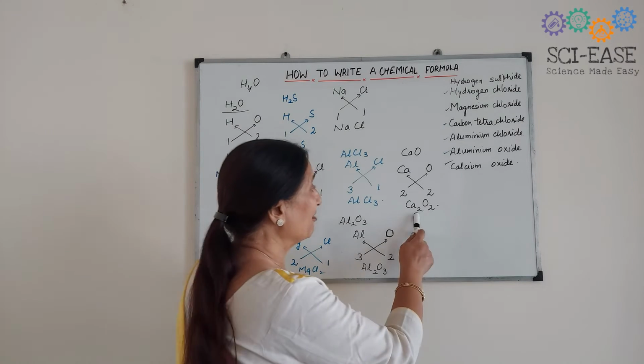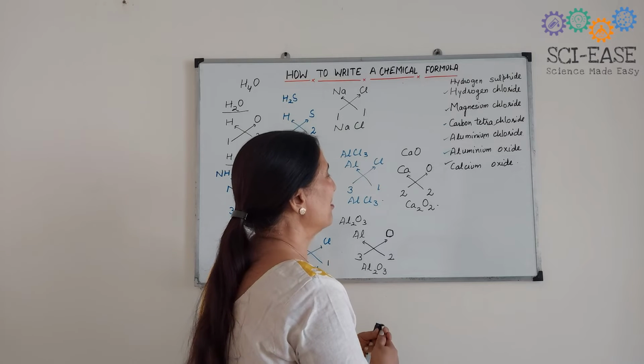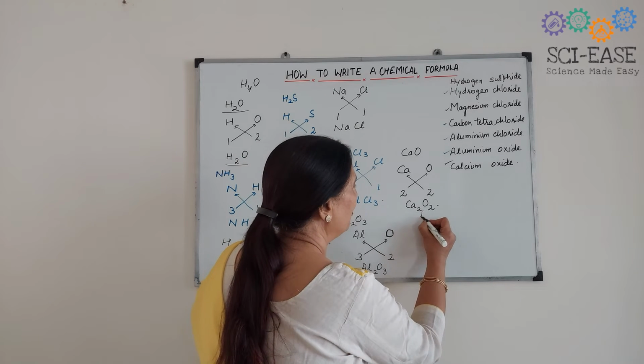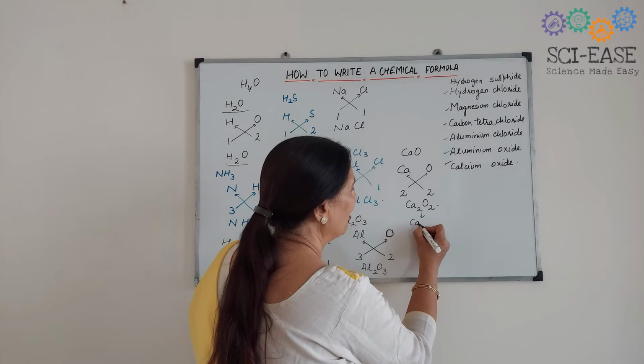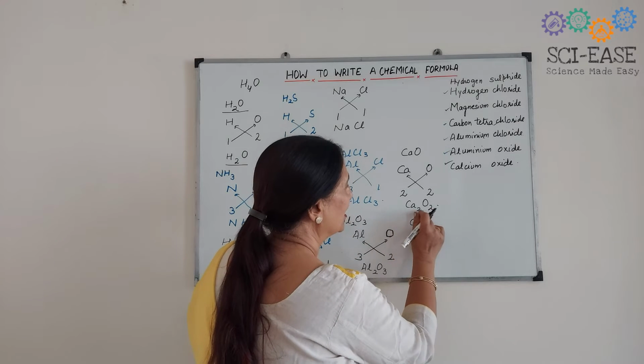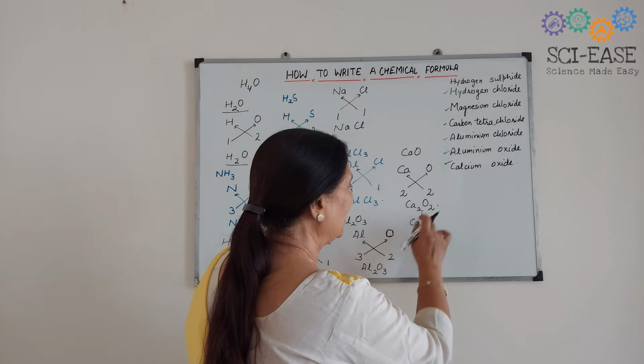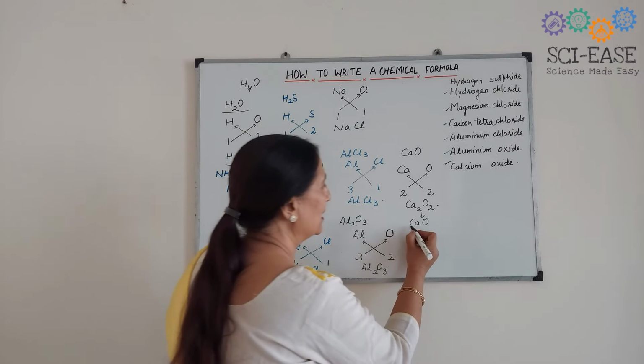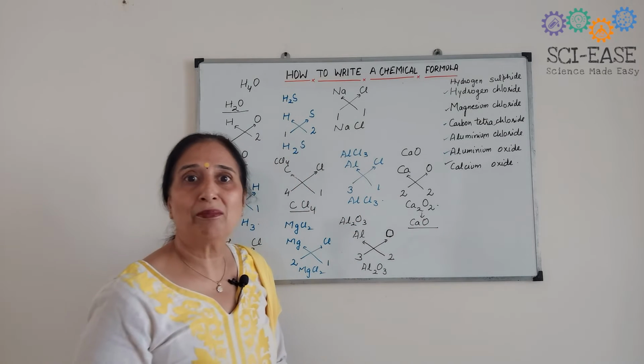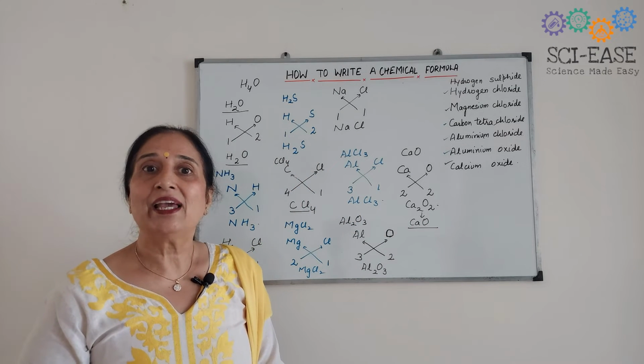We divide by 2 and get CaO. This will be divided, 1, 1. We have no need to write 1. So the formula comes out to be CaO.